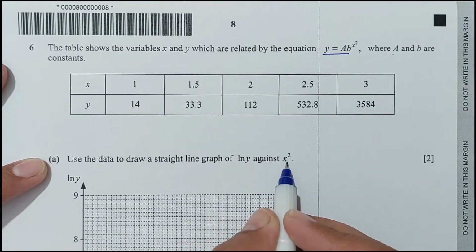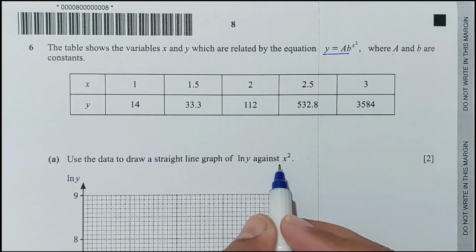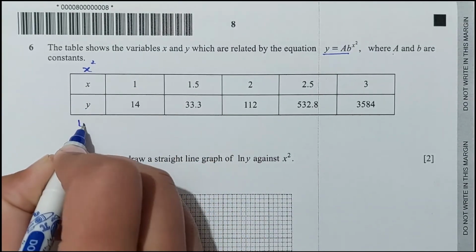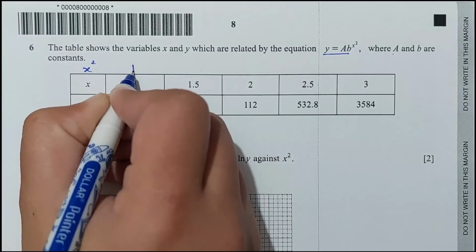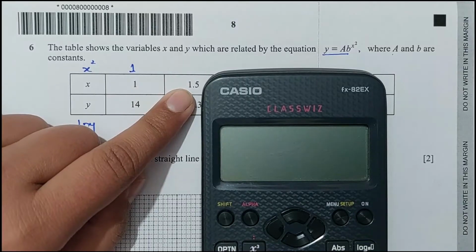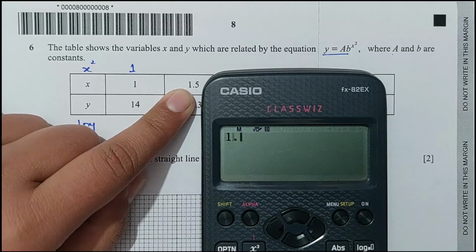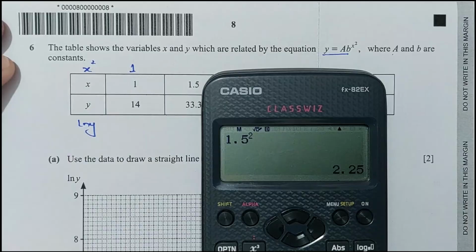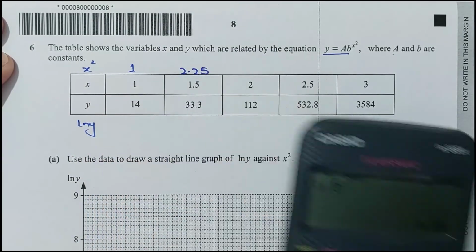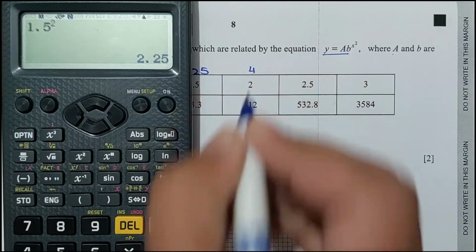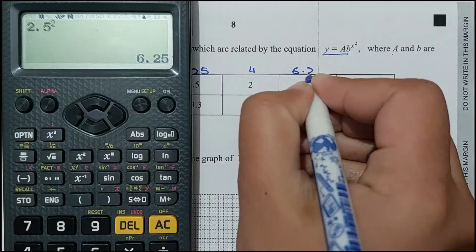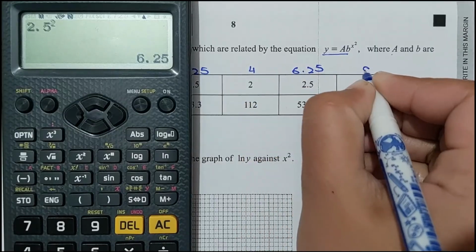So we have to make the column for x square and for ln y. 1 square is 1, 1.5 square, taking the square of all the terms, 1.5 square is 2.25. 2 square is 4. 2.5 square is 6.25. And 3 square is 9.